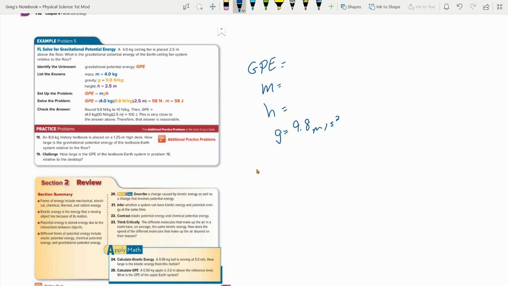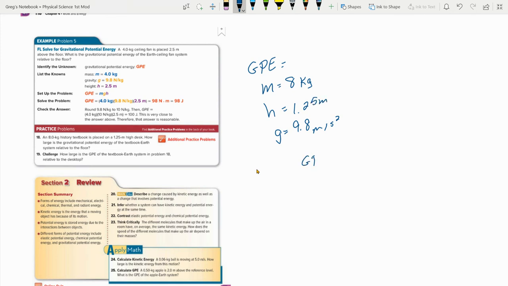I'm going to look at this one here. An 8-kilogram history textbook is placed on a 1.25 meter high desk. How large is the gravitational potential energy? Okay, 8 kilograms, and its height is 1.25 meters. We know gravity.